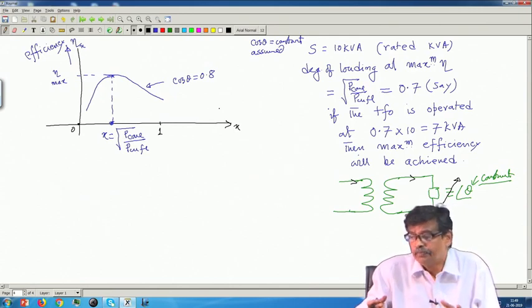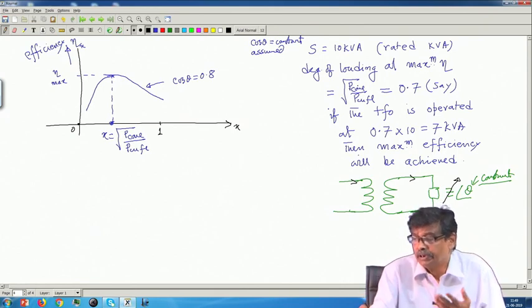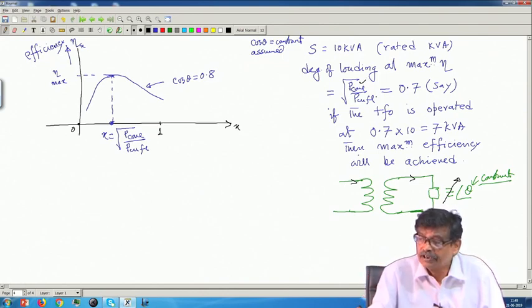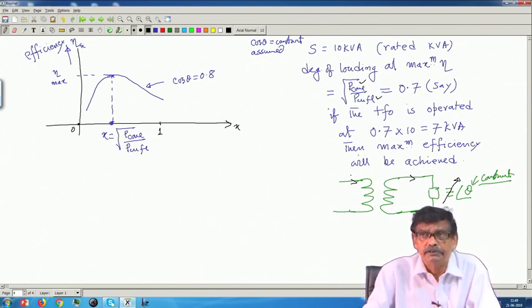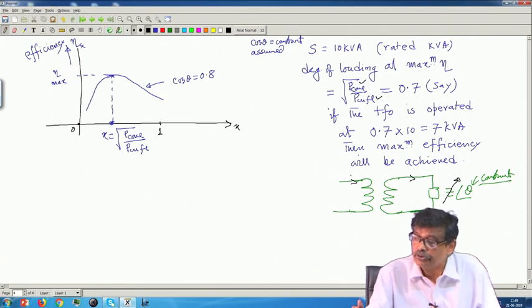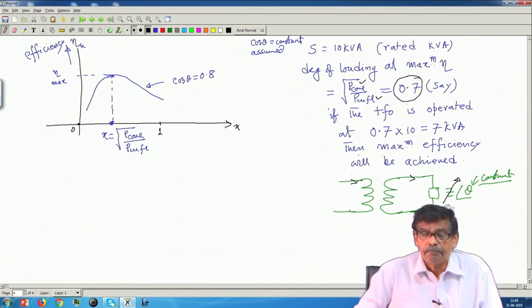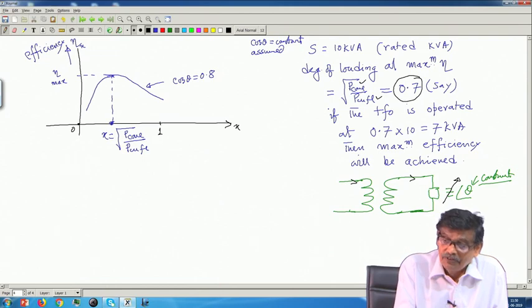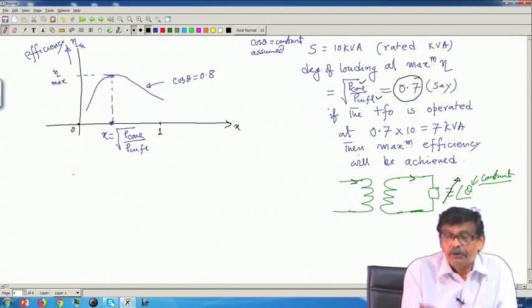Given a transformer, you do this, note down the wattmeter readings from the open circuit and short circuit full load tests, very simple, take this ratio and you will come to know about this number. But I am asking, as a user of the transformer, at what value of x would we like to have maximum efficiency to occur.